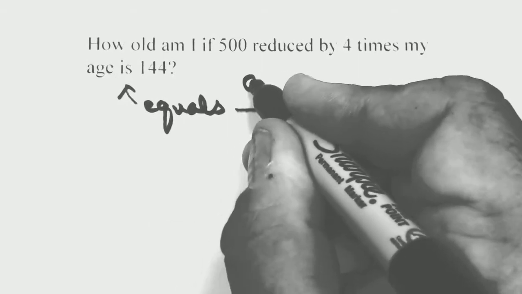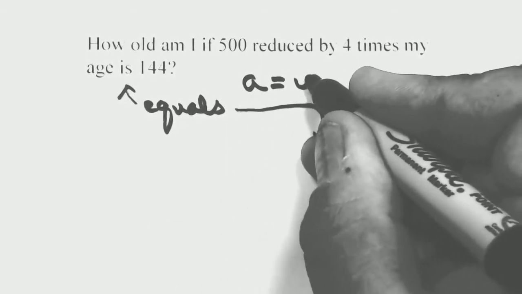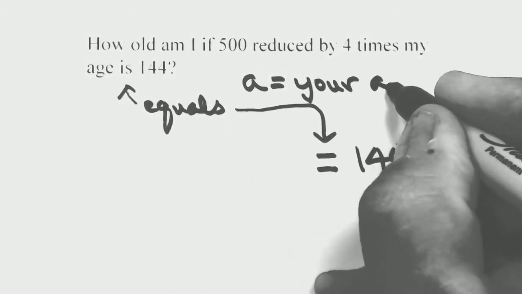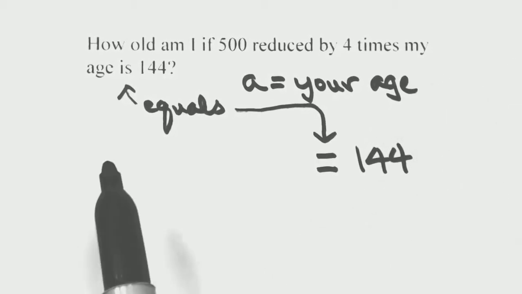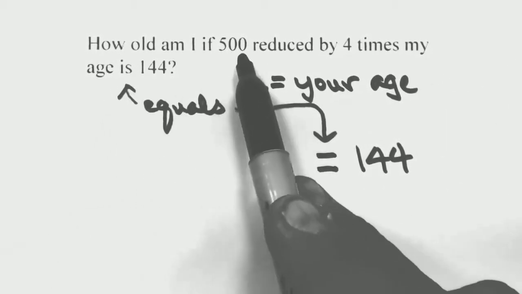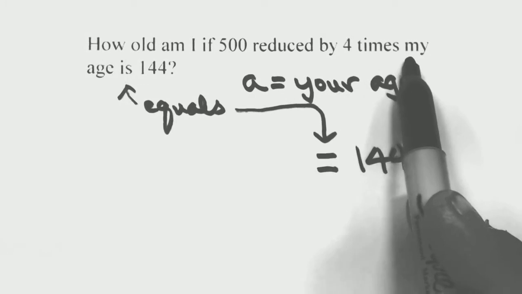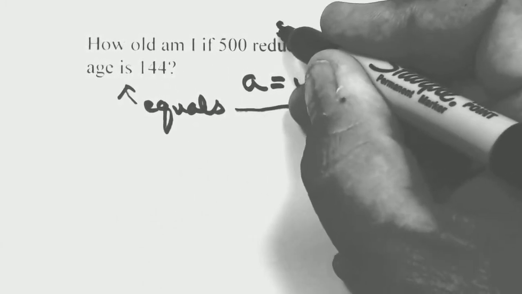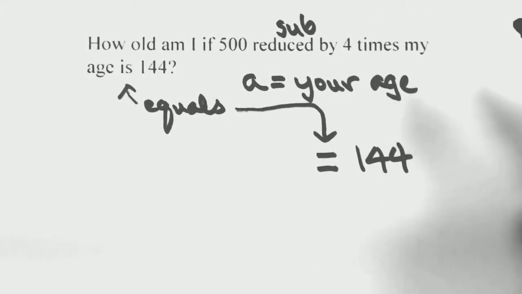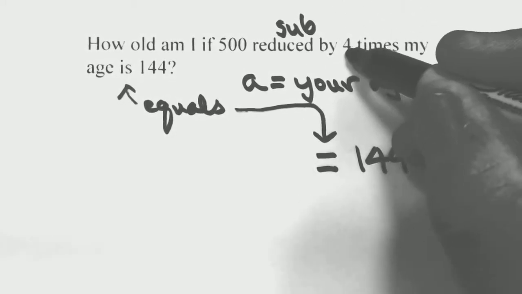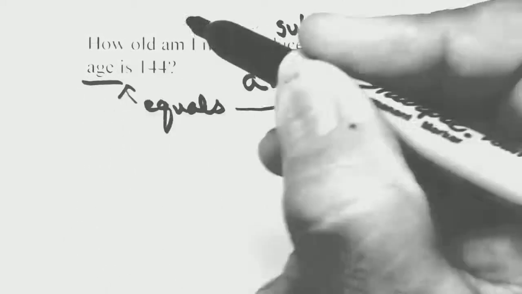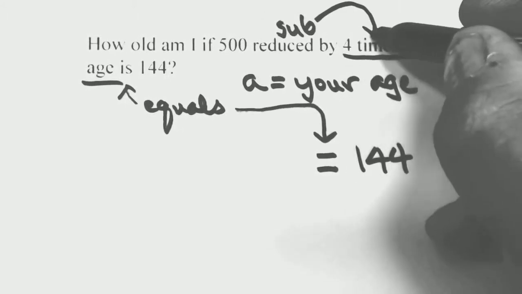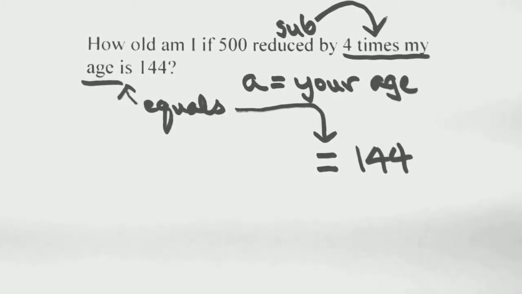Let's say we take A equals your age. Okay, well, what we have to do on the left side, 500 reduced by 4 times my age. Well, reduced means subtract, but what are we subtracting? 4 times my age. So this is the thing that's being subtracted. Remember, of course, whatever's being subtracted has to follow the minus sign.